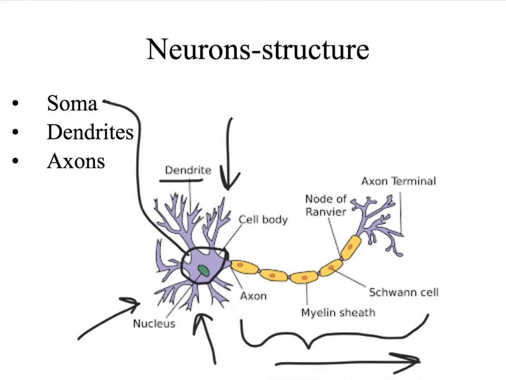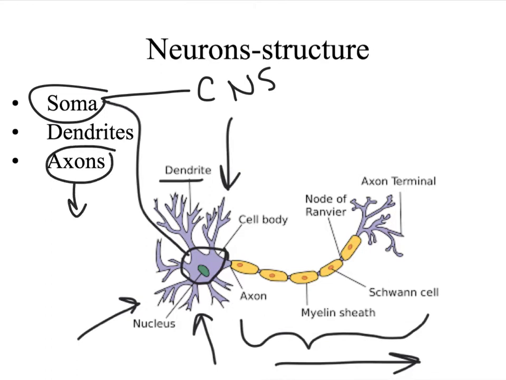Something that's important to understand is that, except for a very few circumstances that we'll discuss, nerve cell bodies are going to be located in the central nervous system, and the peripheral nervous system is going to be composed of mostly axons. So when we get further into this, I'll talk about that a little bit more.